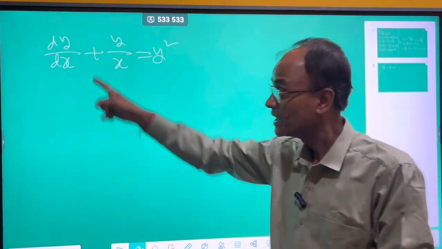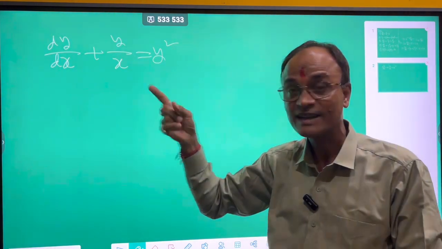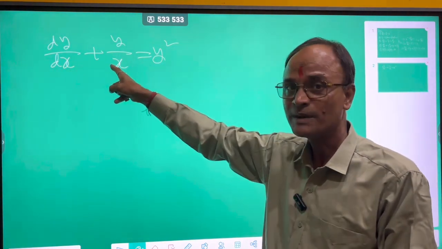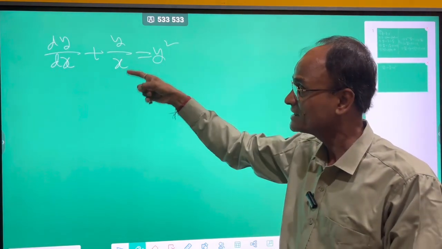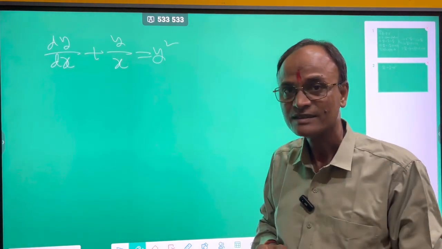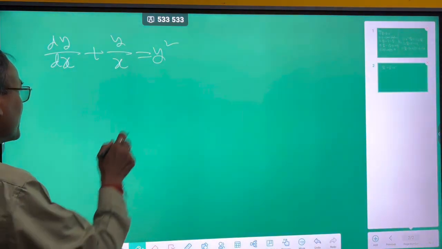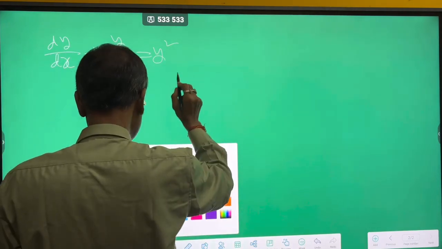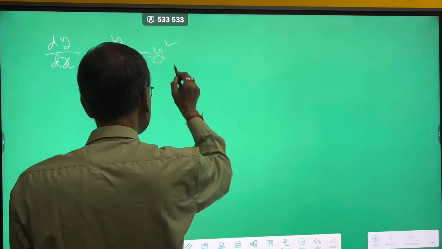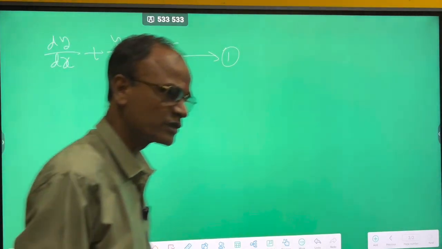It is of the form dy by dx plus py equal to qy to the power m. Here p is equal to 1 by x, q is equal to 1. Suppose this is number 1. One is Bernoulli's differential equation.